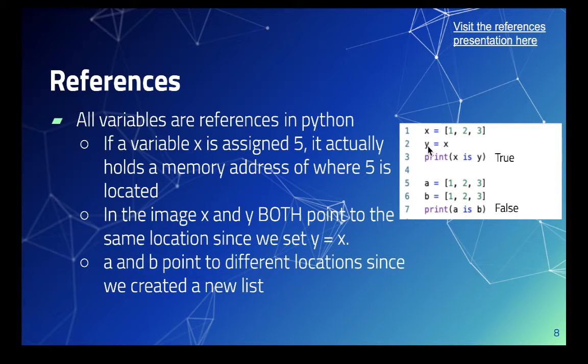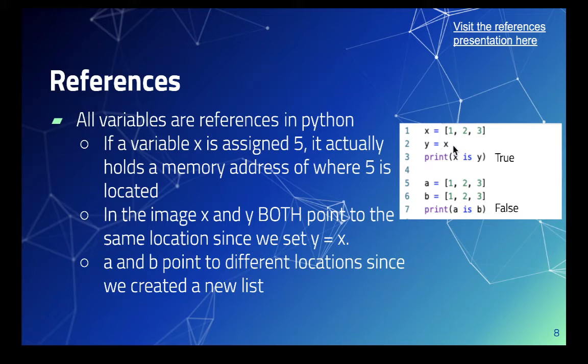So when we say y equals x, we're not saying y equals 1, 2, 3. We're saying y is equal to whatever x holds, and x happens to hold A567. So y will also hold A567. This is why print(x is y) prints out True, because if you remember, the is keyword checks if two references are the same.